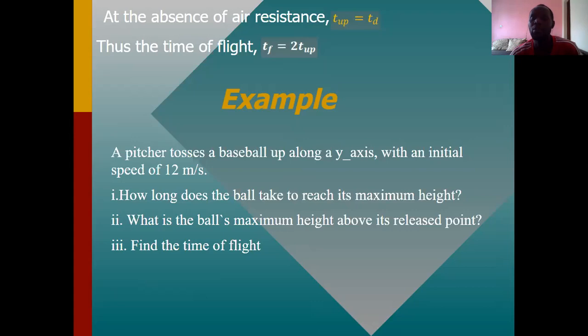What is the ball's maximum height above its release point? Question number 3. Find the time of flight, or the total time. Try to do it. Take a paper and try to do it.